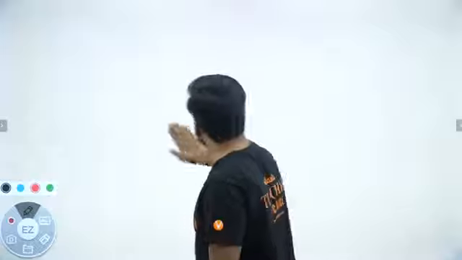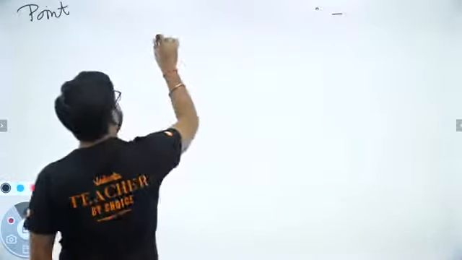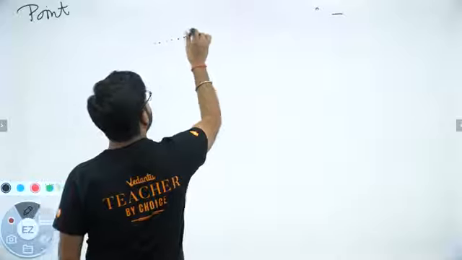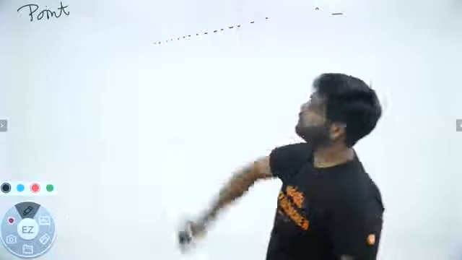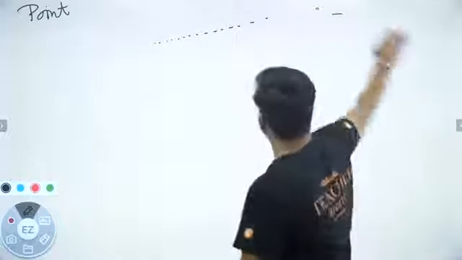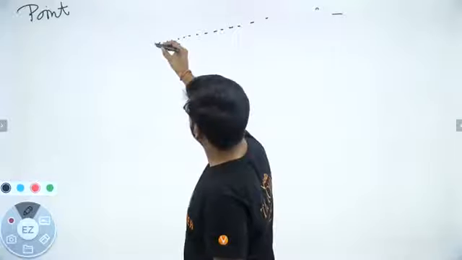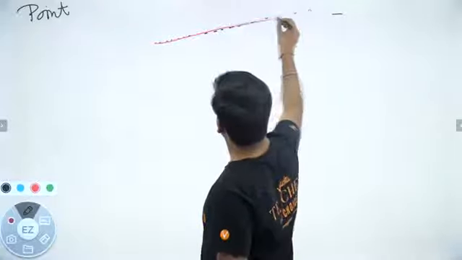Okay, now what happened? Now I have started to make many points like this. I can make infinitely many points on this plane, right? So what happens if I just join all of these points?